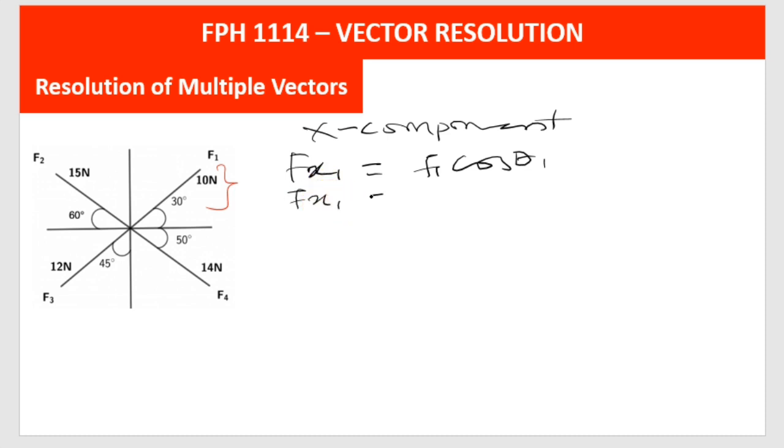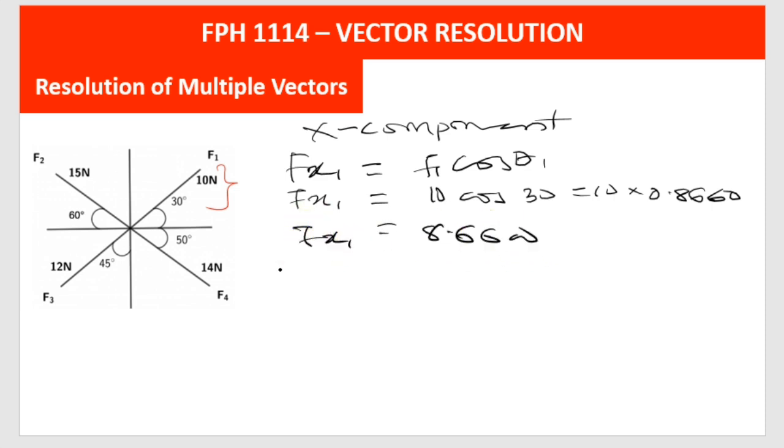So here we have Fx1 to be equal to 10 Newton times cos 30, which is the same thing as 10 multiplied by 0.8660. So here we have 8.66 Newton as our Fx1.